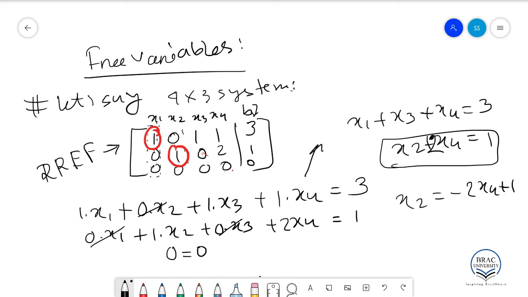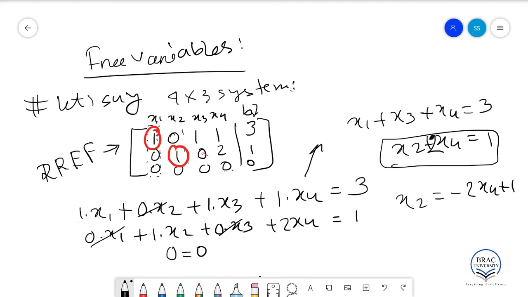And the first equation tells us that x1 plus x3 plus x4 is equal to 3. So from here you can solve for x4 in terms of x2 and put it over here, but then again you would have a combination of x1 plus x3, but not x1 and x3 individually.